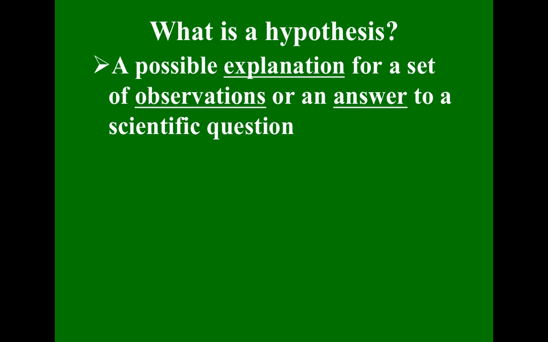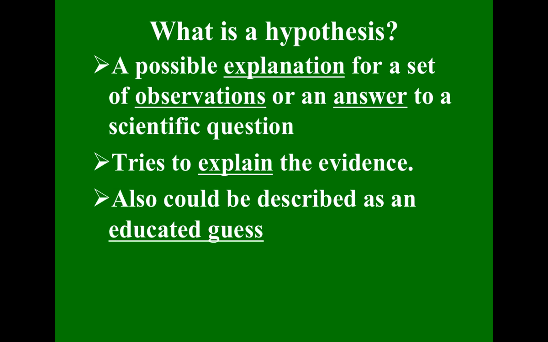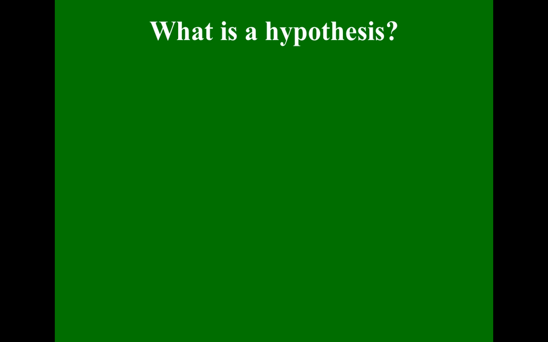Hypothesis is a possible explanation for a set of observations or a possible answer to a scientific question. This is usually what we're testing in an experiment. It's trying to explain the evidence. In other words, it's a guess in terms of, okay, we're noticing this and this is why. So we can describe this as an educated guess. We're not going to make wild imaginative guesses with this, but they do have a place in science.